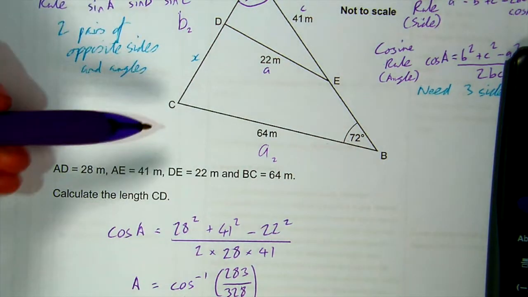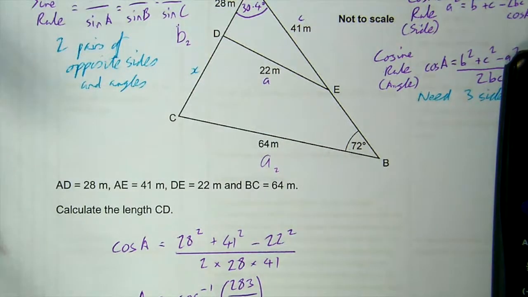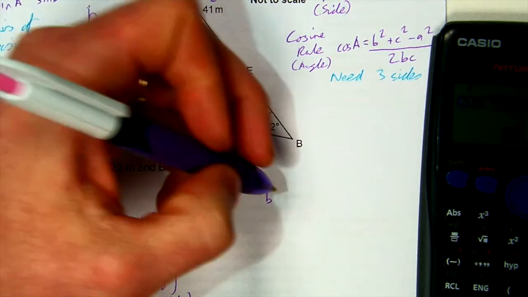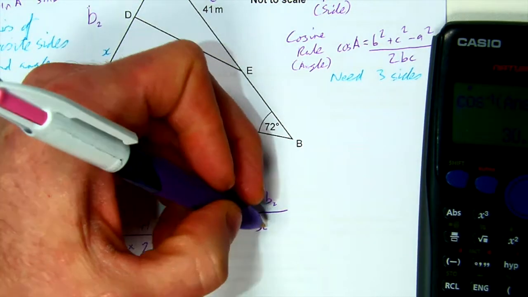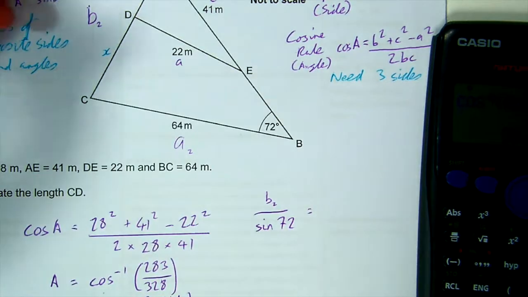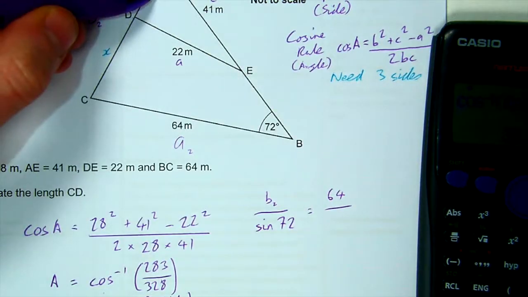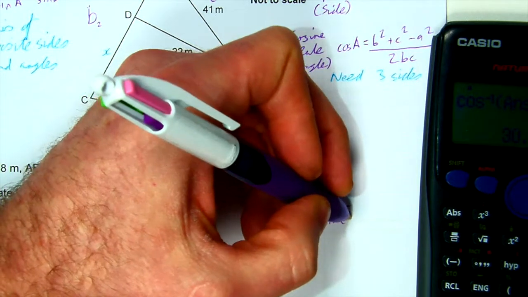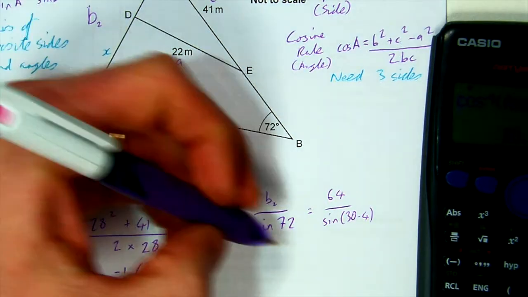I'm now going to rewrite the sine rule and use these values in that sine rule. So little b, so b2 over sine 72 equals little a, which I now know is 64, over sine, and I've got that angle, which is 30.4.